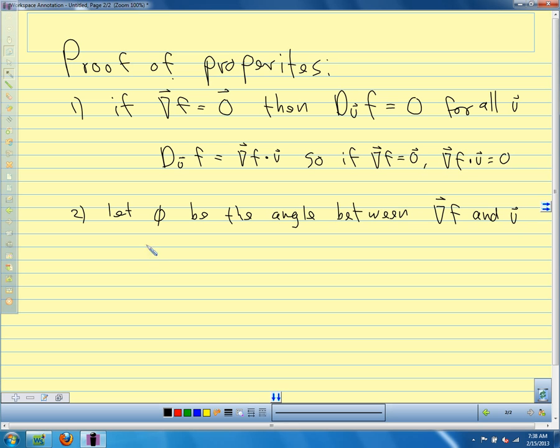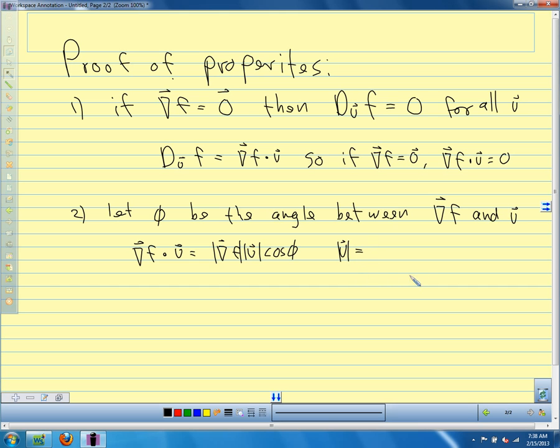And we're going to remember this nice property of the dot product: del f dot u is the magnitude of del f times the magnitude of u times the cosine of the angle between them. And we know that u is a unit vector, so the magnitude of u is 1.